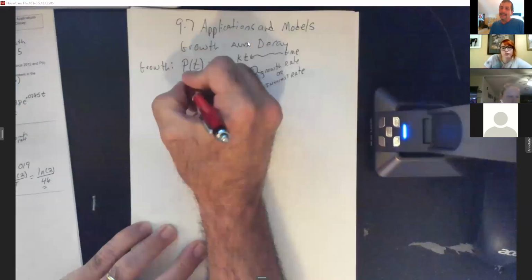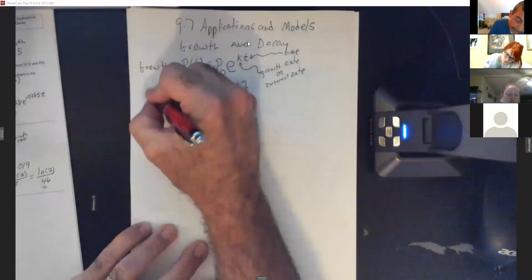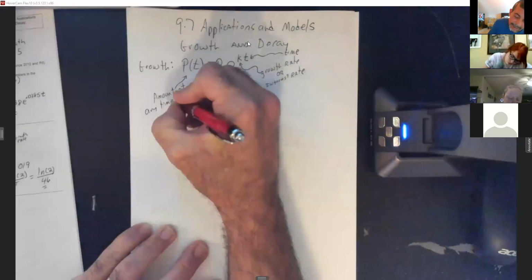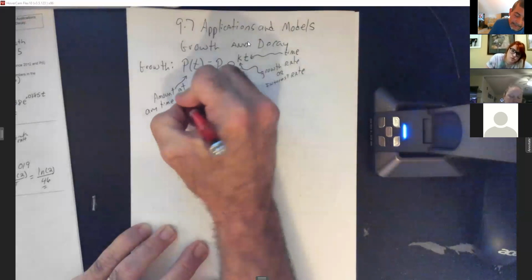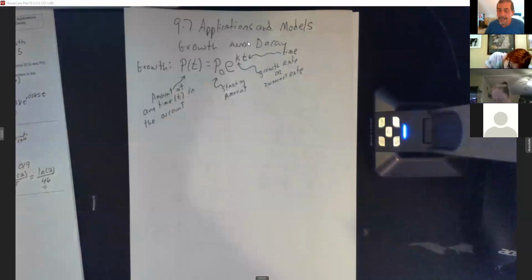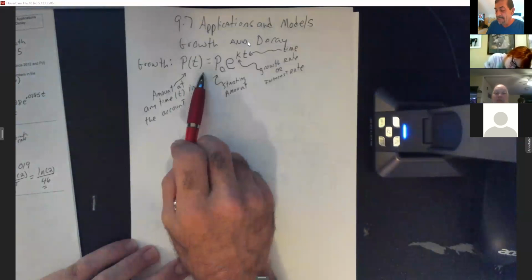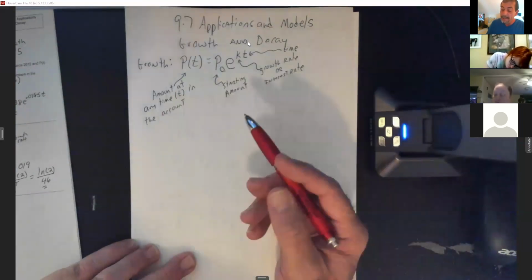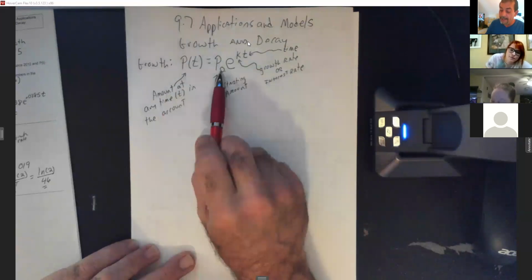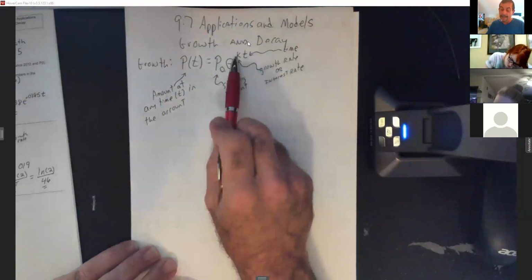And then where I got the P of t, this gives me the amount at any time t in the account. Or in the population. You're using P's on this because a lot of times when you see exponential growth, it deals with the population. So your population in any year would depend on your initial population times e to the kt, where k is the growth rate and t is the time in years.